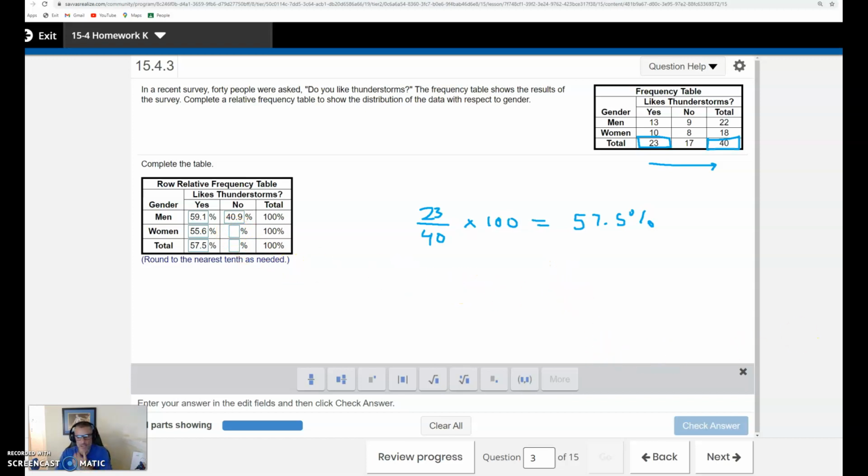Okay, there's one more type of question. So this frequency table is called a row relative because we move in this direction. Well, we also have what are called column relatives, where we move down the columns. So let's take a look at number 6.